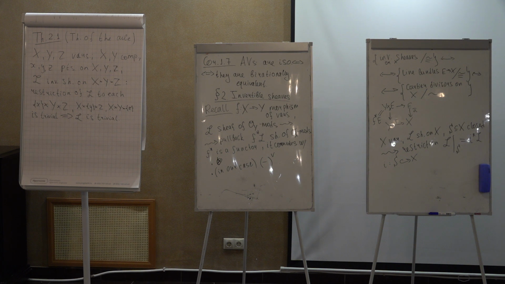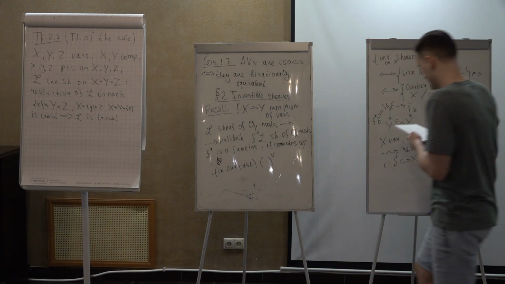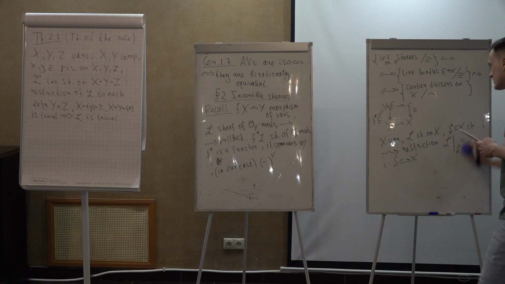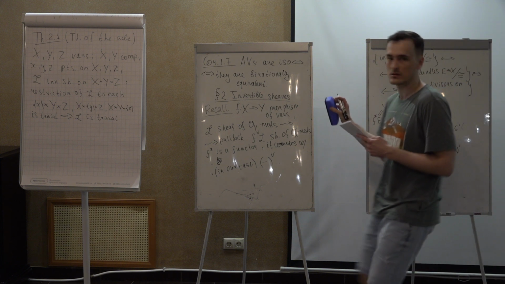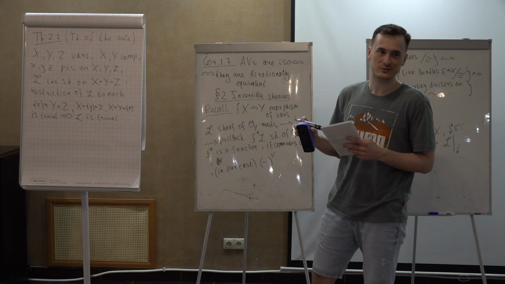And it looks kind of strange, right? So we have only three closed subsets, which is a very small portion of our variety X times Y times Z, but nonetheless, this basically defines the whole sheaf L. And of course, it's important here that X and Y are complete, but I don't have a counterexample.